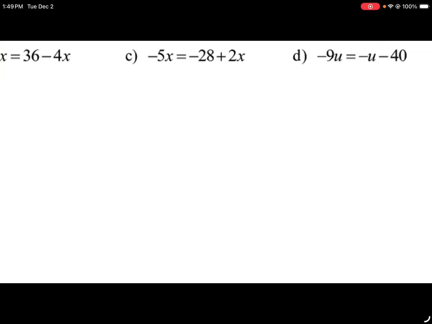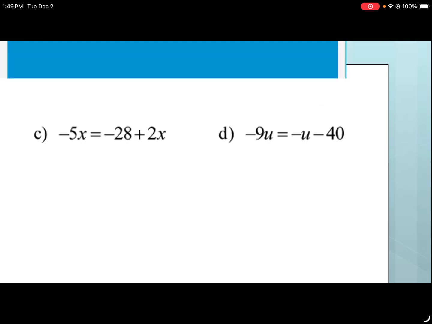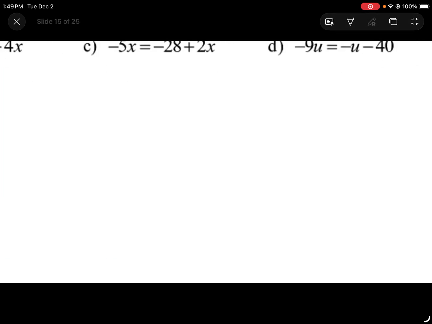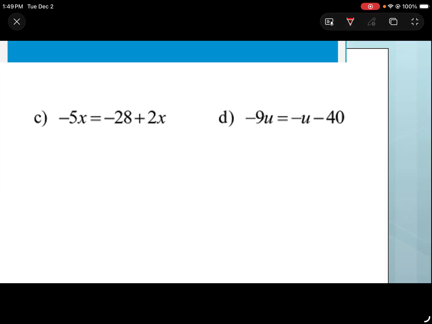Okay, what about this one? This is a really interesting one. There's a reason I say what I say about making sure you subtract the one that weighs the least, because this is a perfect example of what might cause issues. But let's see. Negative 9u equals negative u, take away 40. Technically, what weighs less, negative u or negative 9u? Well, negative 9u weighs less.